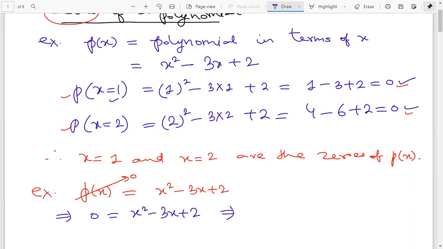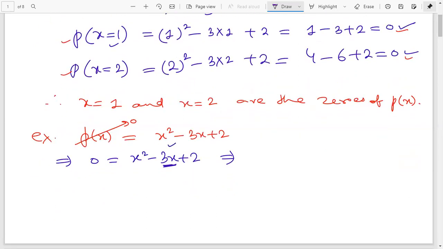Now we can use splitting the middle term to simplify this equation. For minus 3x, by addition we should get minus 3x, and by multiplication we should get 2x square. So minus 2x minus x gives minus 3x. You know this splitting the middle term process.